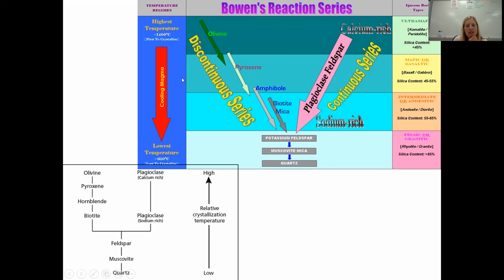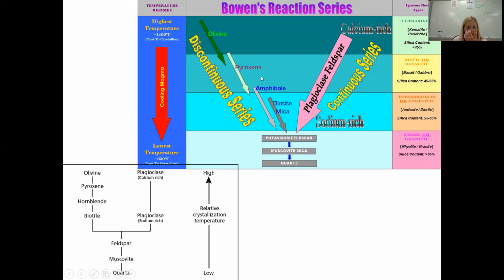So what we see is at the bottom here, we see that quartz is going to crystallize first, and then muscovite, and then potassium feldspar, and then it splits into what we call the discontinuous and continuous series. The continuous series, these are all plagioclase feldspars, but they go from being high in sodium to high in calcium.